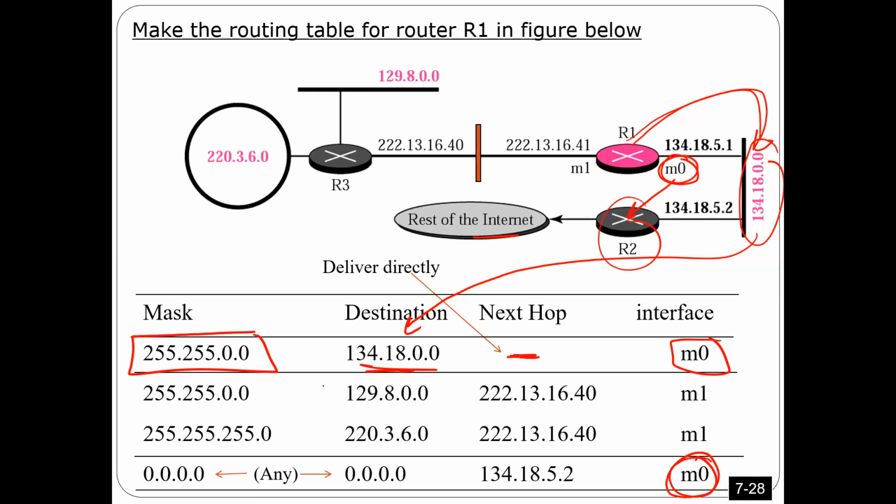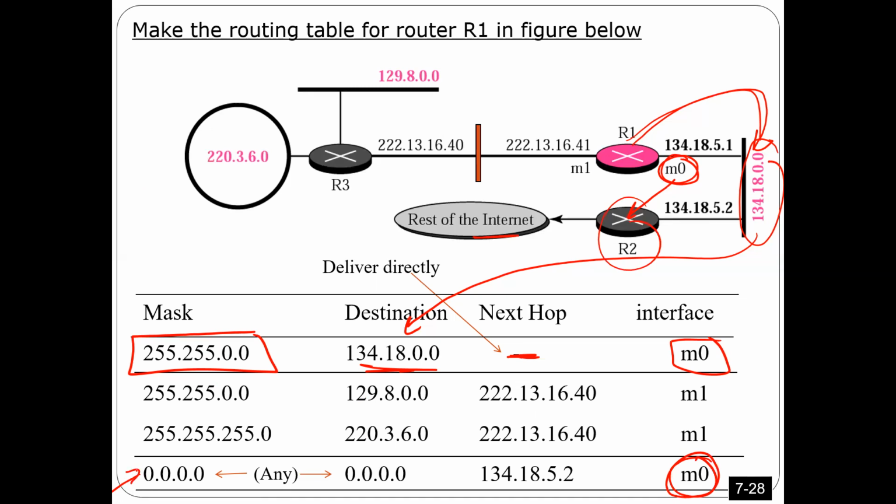If anything else, any address can be accepted, like 0.0.0.0, and I'm going to get 0.0.0.0. This means any, right? Because if you apply 0.0.0.0 with logic AND, for sure for any IP you will get 0.0.0.0. That's why it's any. This one will always be true.